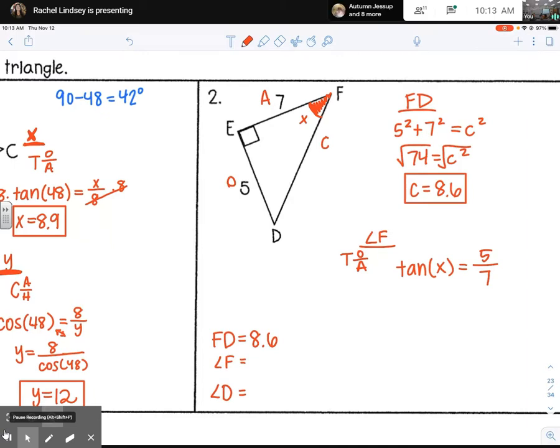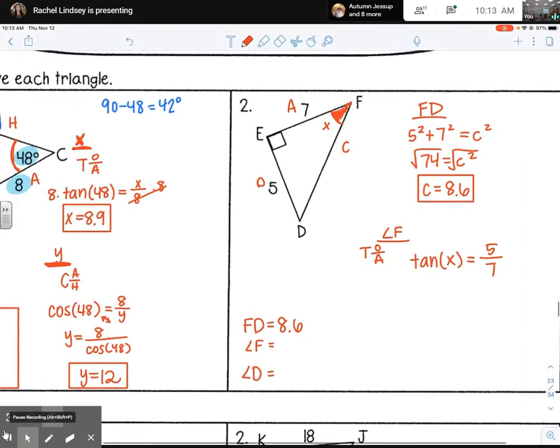I also want to point out, it is important that you actually write tan 48 equals X over 8. Cosine 48 equals X over Y. Don't just write an S or a T or a C. Don't just write 48, 8, Y. You've got to have this trig function, and you have to have the equal sign in between them.